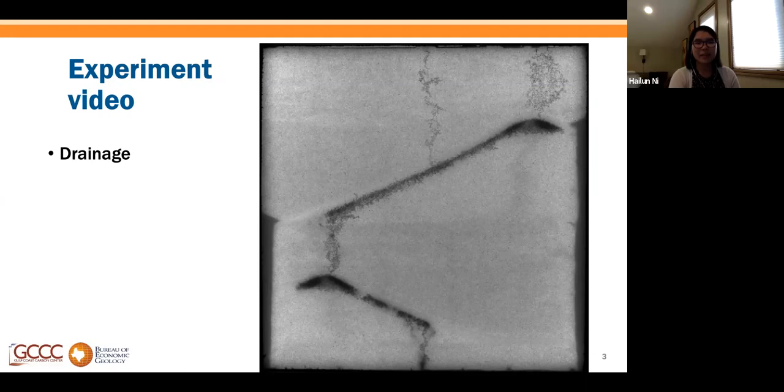Yes, so for image processing, first I'd like to mention that all of the image processing for this data set is done in MATLAB.